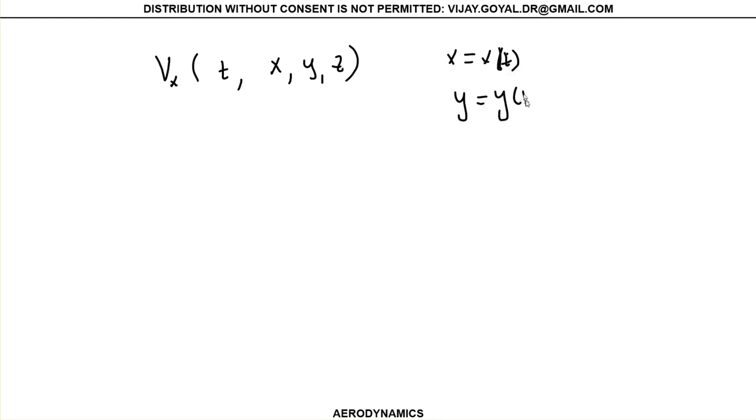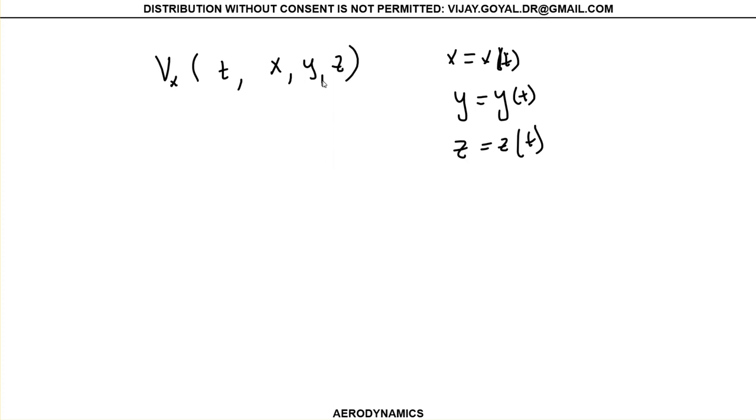In this way, I can say that v of x is a function of x, y, and z, but since x is a function of time and y is a function of time and z is a function of time, then all these are functions of time, and all I have is an expression in a function of time.